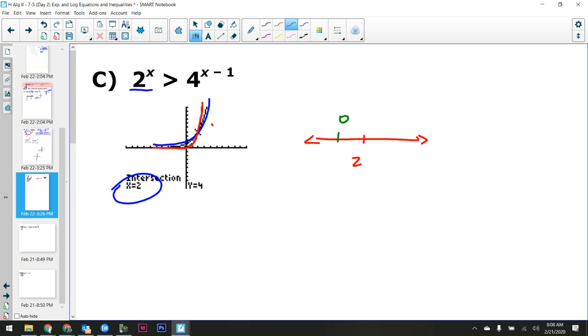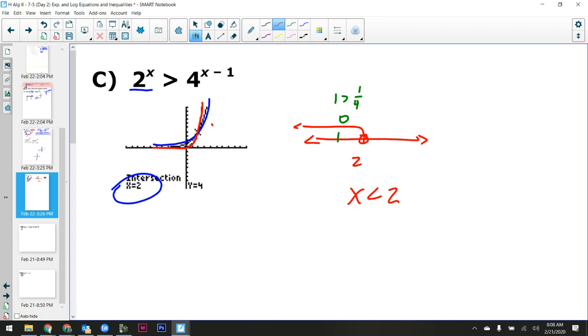What happens at 0? This turns into 1 is greater than 4 to the negative 1, or 1/4. Is that a true statement? Is 1 greater than 1/4? Yes. So I know that this is true, so we say x is less than 2.